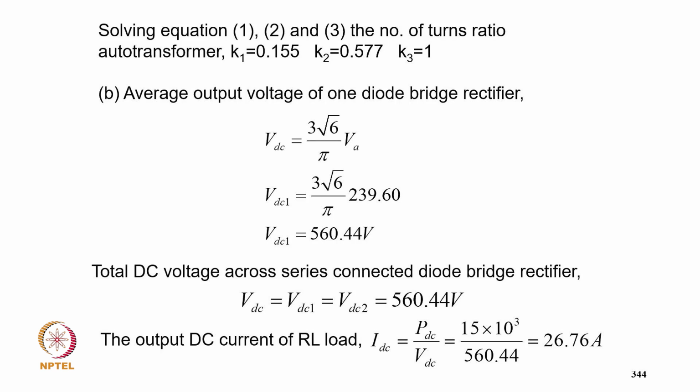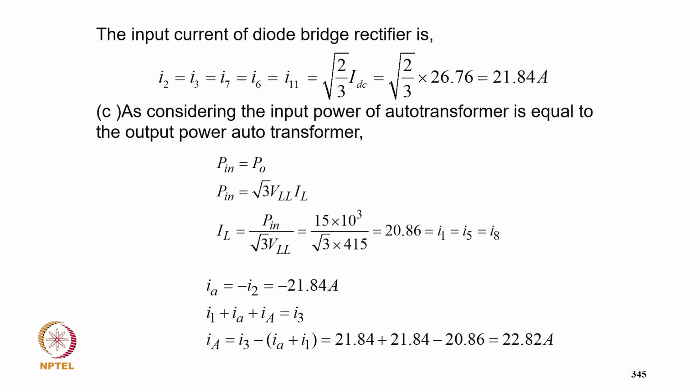So output load current IDC equal to PDC upon VDC, that is 15 into 10 power 3 divided by 560.44, that comes 26.766 ampere. And input current of the diode bridge I2 equal to I3 up to I11 equal to √2 by 3 ID, that comes 21.84. Considering the input power of the transformer equal to the output, so Pin equal to PO, that is Pin equal to √3 VL IL, and IL comes here 20.86, so IN equal to minus I2 minus 21.84.